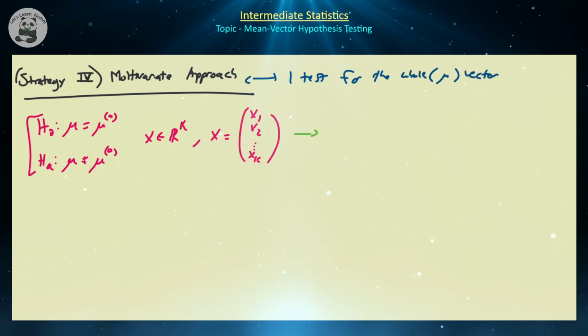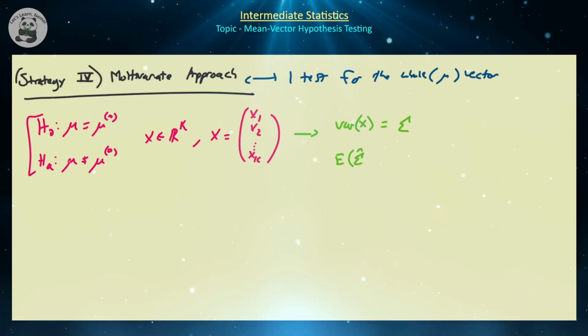Let's assume that we already know that the variance of that random vector x is going to be equal to the covariance matrix sigma. Obviously, if you're working with a sampled version, then we know that the expected value of the sample covariance matrix will be equal to the theoretical covariance matrix, sort of like the relationship between sigma squared and s squared.